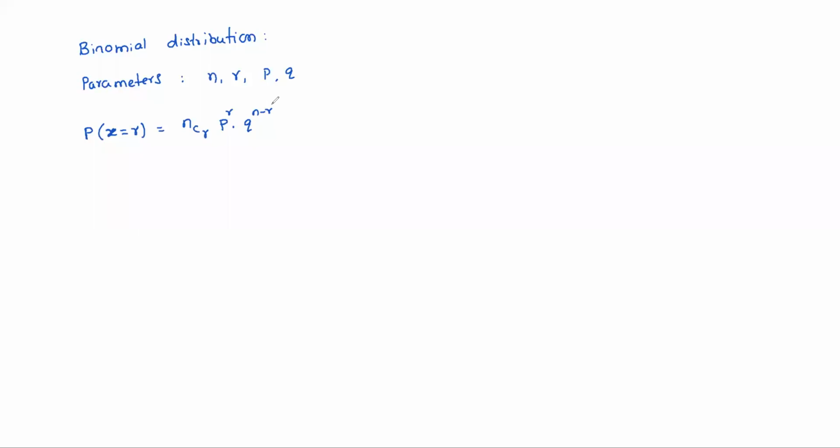Here p, that is P of x equal to r, is nothing but the probability of r events occurring out of n events.